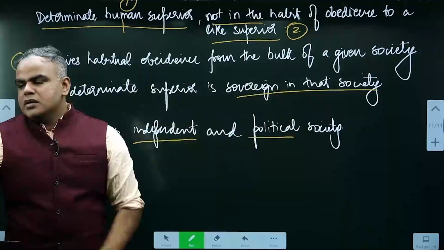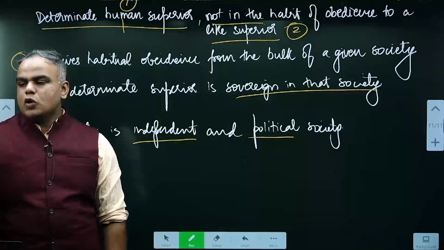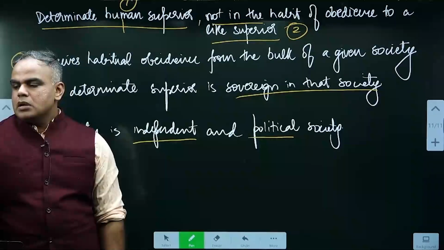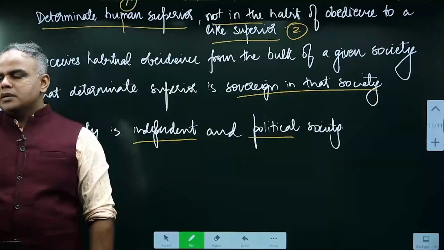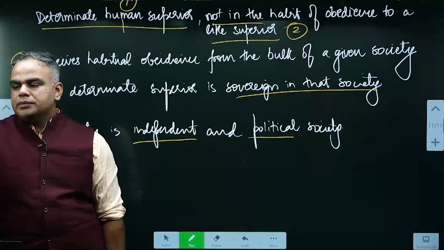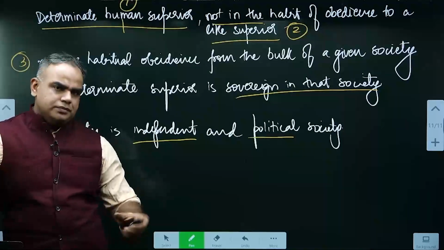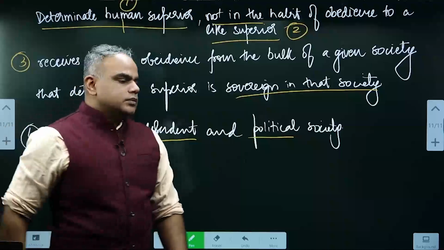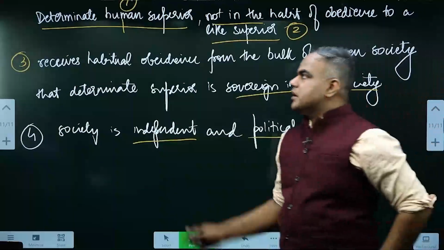Write: sovereign must be a clearly identifiable authority. In brackets you can write king, parliament, dictator, anything. King, parliament, dictator, that is 1.